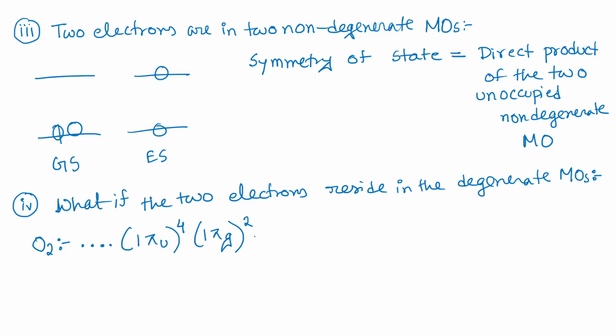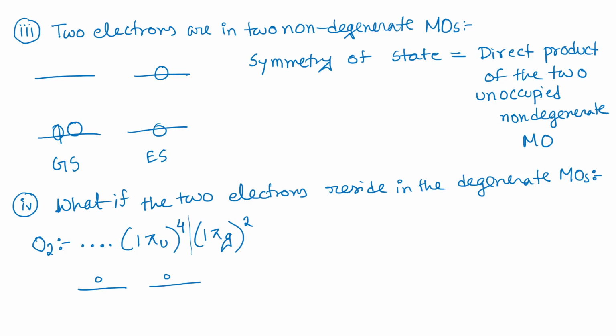So this is the electronic configuration. So they have something like this. We don't have to think about pi u, right? Fully filled. So they are fully filled up to this much. The product is totally symmetric, so I am not worried about that. So we have to think of this case, 1 pi g 2. So this is not 4. So they are according to Hund's rule. Is it Hund's rule or Aufbau principle?